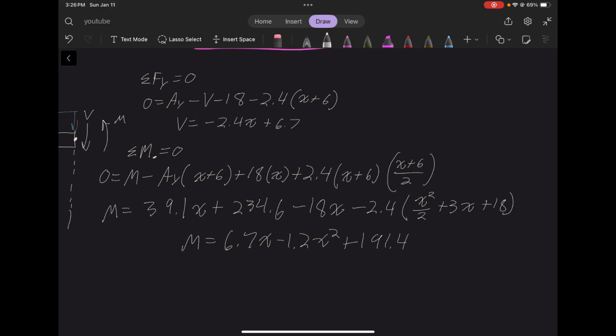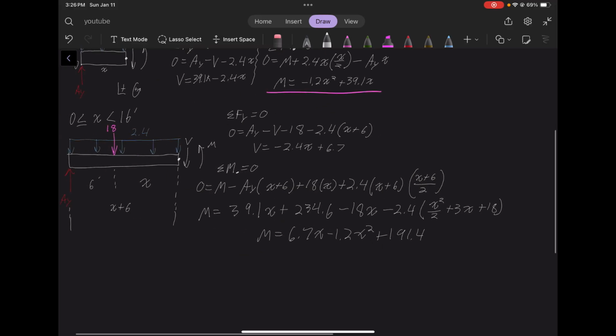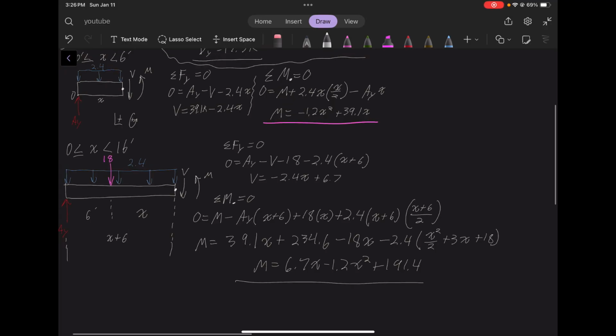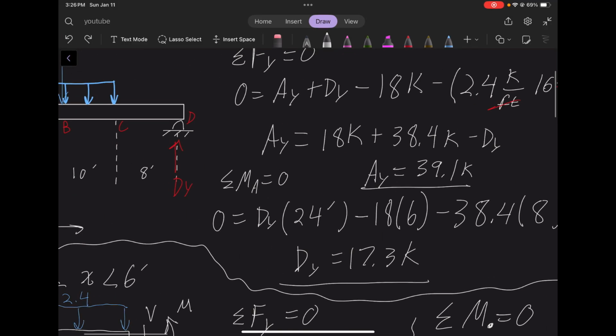So here's the most important part of this problem. So this whole time we've been working up to this moment right here, because this is the equation for the moment from 0 to 16, which is right here, right?